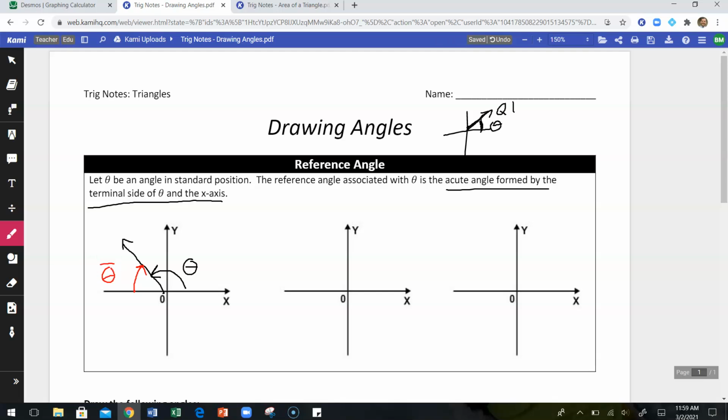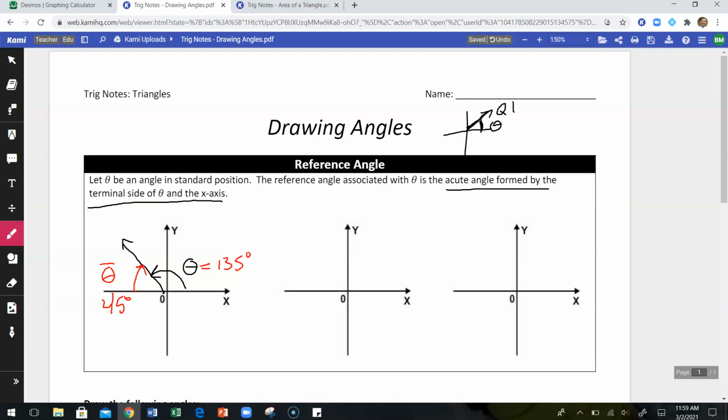For example, if the angle itself was 135, we know that it has a terminal side in quadrant 2. Then the reference angle would be 45 degrees, because 135 is 45 away from the x-axis. So that's what you want to think about.